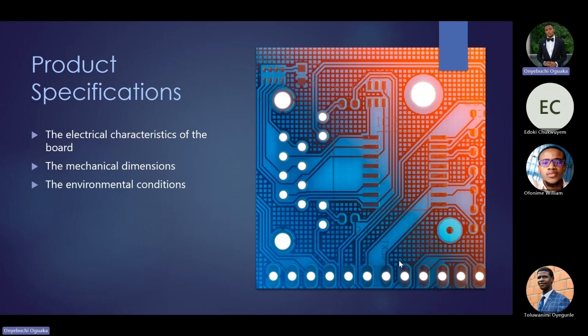Another thing is voltage levels, the current carrying capacity of the board, and the ability of the PCB material to actually withstand high voltages without breaking down.